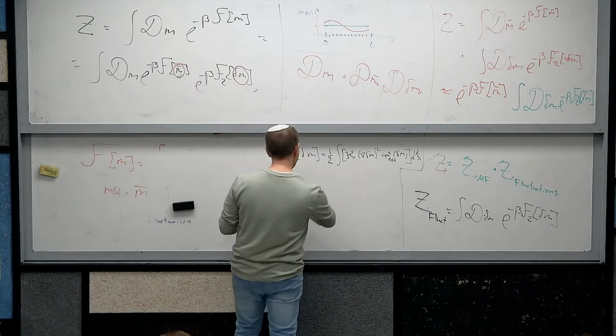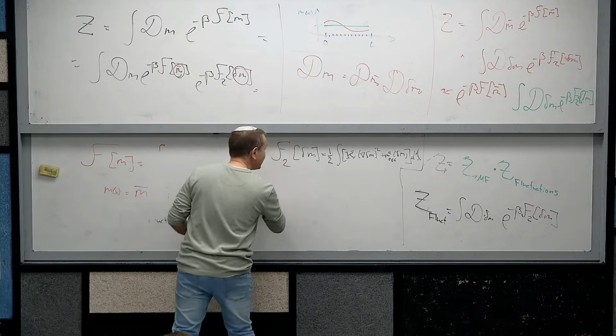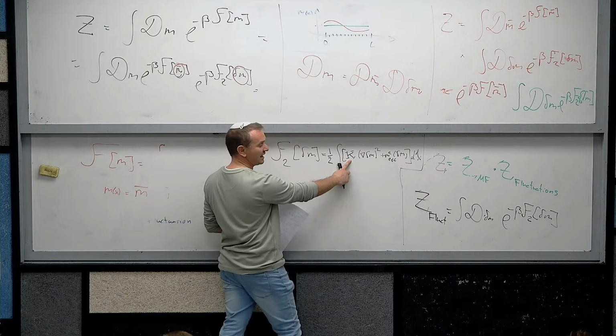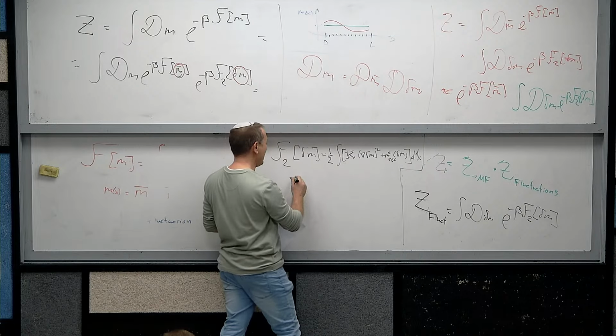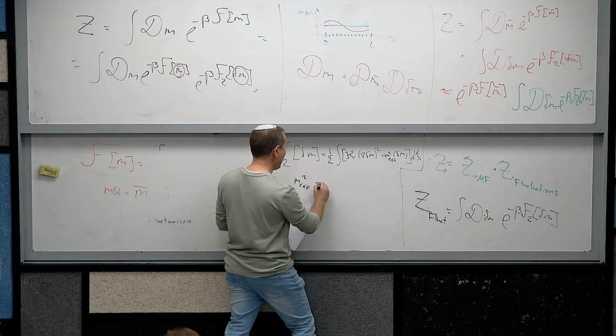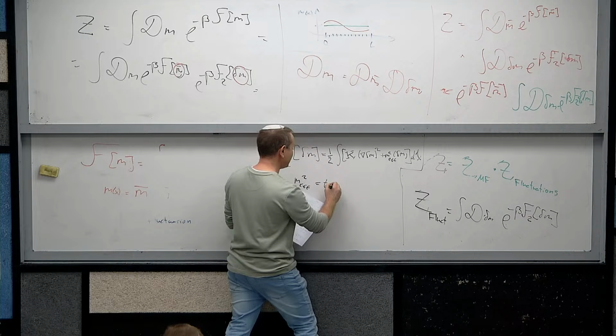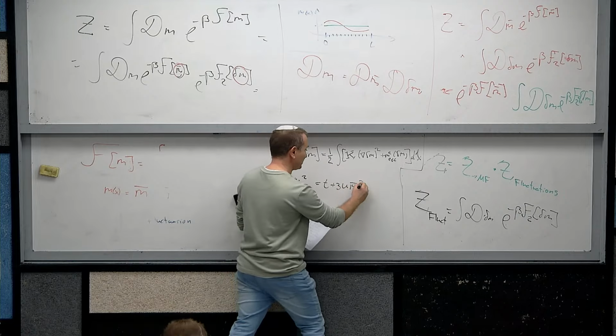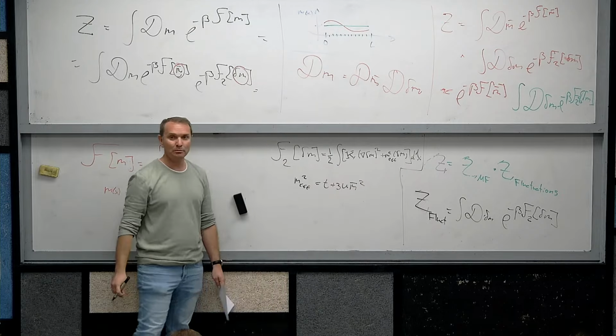Before I do that, let me write what exactly m effective is. K is the same k as in Ginzburg-Landau, and m effective squared, we found, is d plus 3u m hat squared, where m hat is the mean field solution.